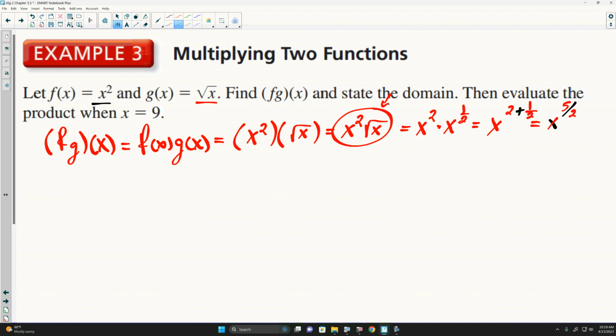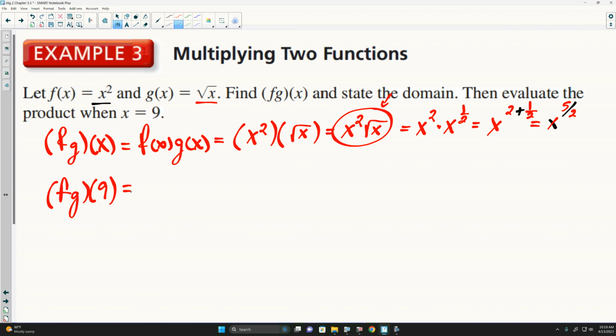I'm fine with this here. Yeah, because x to the 5/2 is not any better than x squared times square root of x. They are the exact same thing. Any other questions on how we did the multiplication?